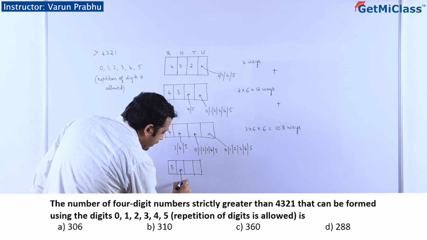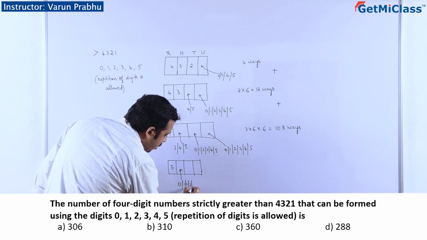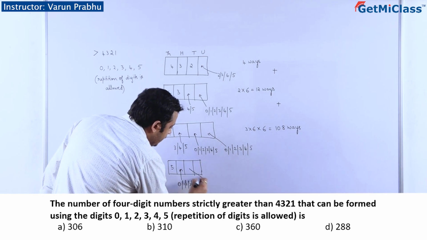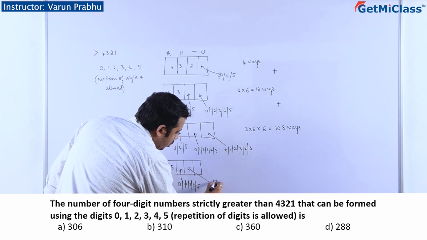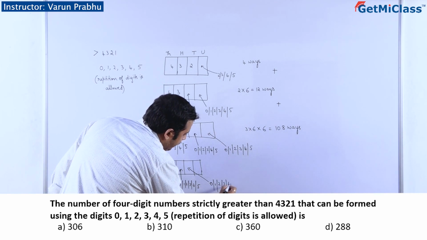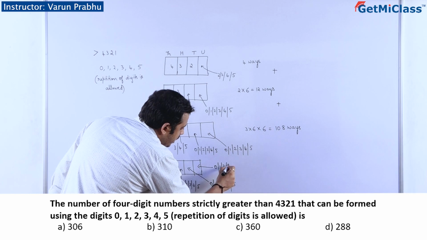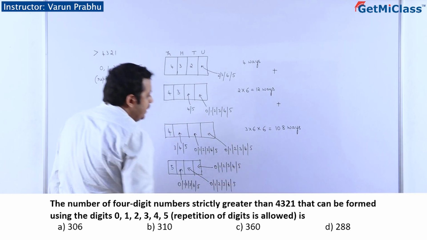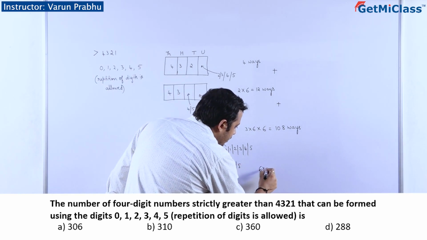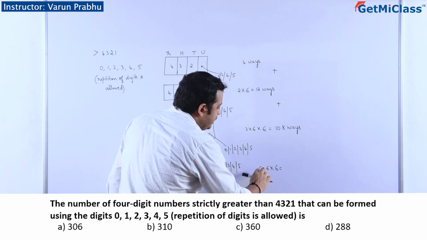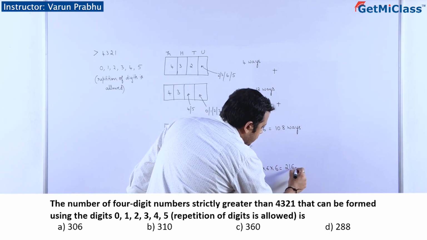This place can be filled with 0 or 1 or 2 or 3 or 4 or 5, and the same for the other two places. Which means I will get 6 into 6 into 6, that is 216 ways.